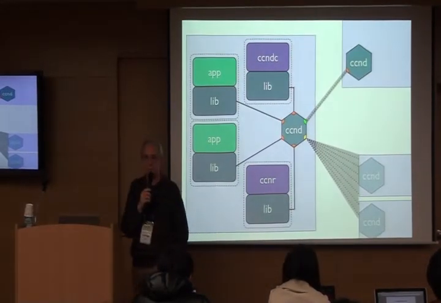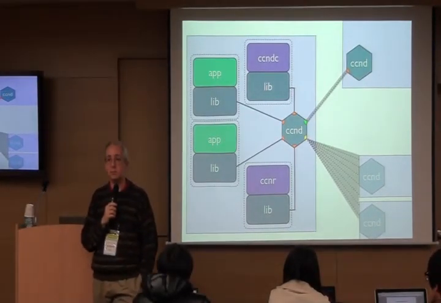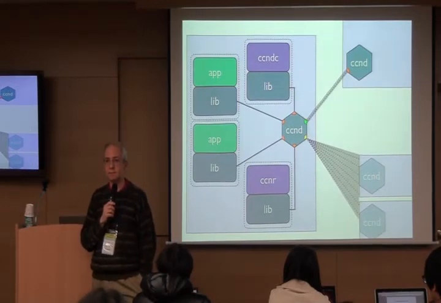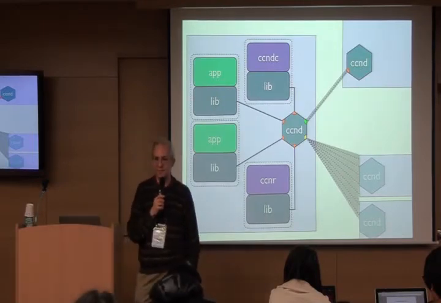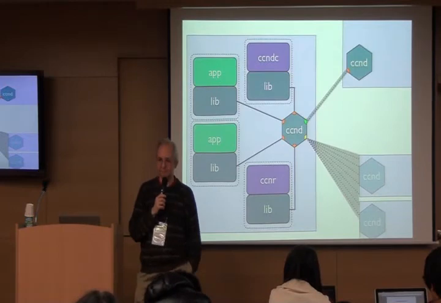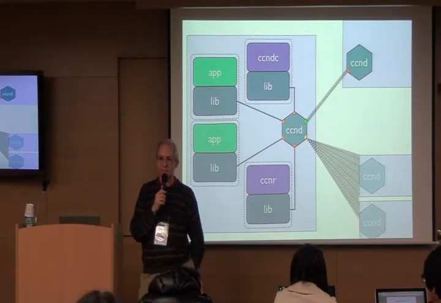You said that CCNR is responsible for the application; we want to store a whole file in the CCNR. But for CCND, it's a chunk level. I mean, you need to split the file into many chunks in the CCNR, and the CCNR may organize these chunks.